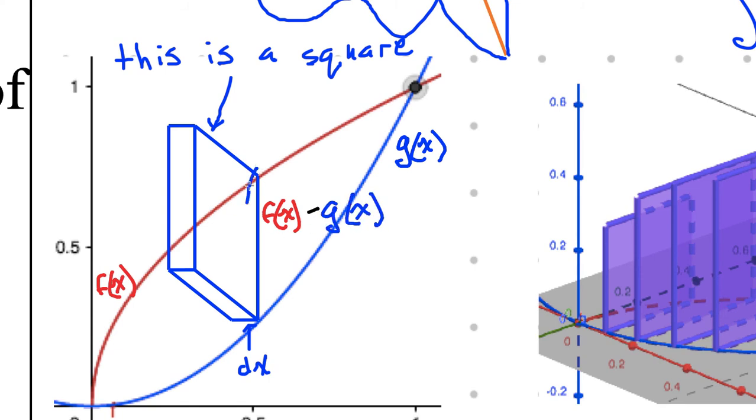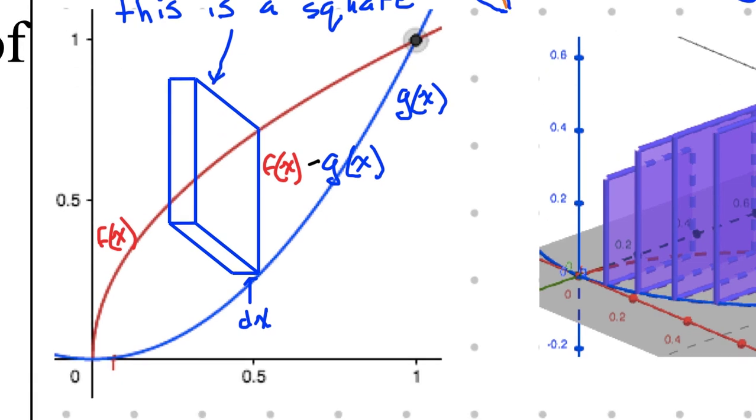So that represents this piece right there. That line segment is f of x minus g of x, but because it's a square, how long must this piece be? They're exactly the same, yeah. So I can say that that length right there, and I'll label it down here, is f of x minus g of x.